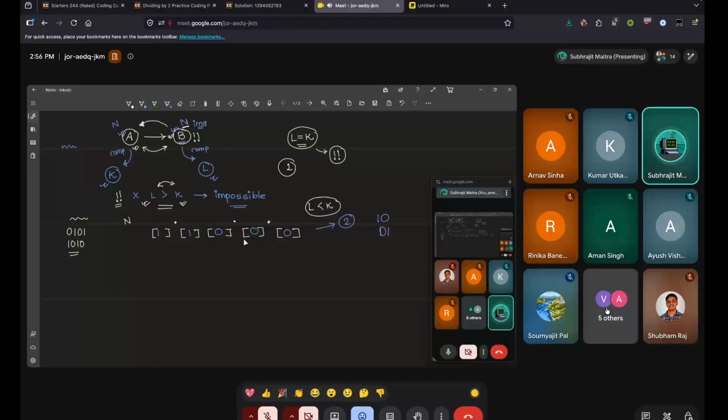Similarly, if I put 3 fences, I can give this, this, and this, then I can make it 0 0 1 0 1. That means whenever I get a fence, I alternate the thing.